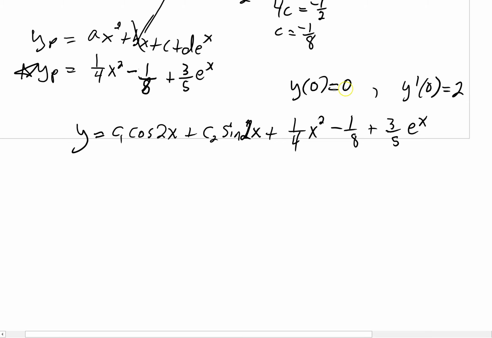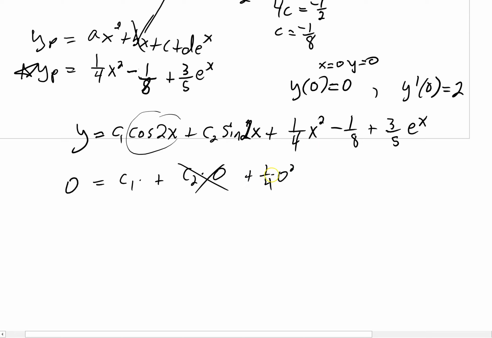Let's just start with y of 0 equals 0. That means x equals 0, y equals 0. I'm going to actually plug that in. The cosine of 0 is just a 1, isn't it? Here C2 gets multiplied to 0. That's gone. 1/4 times 0 squared is gone. Here's a minus 1/8. Be careful, e to the 0 is just a 1. We've got that 3/5.